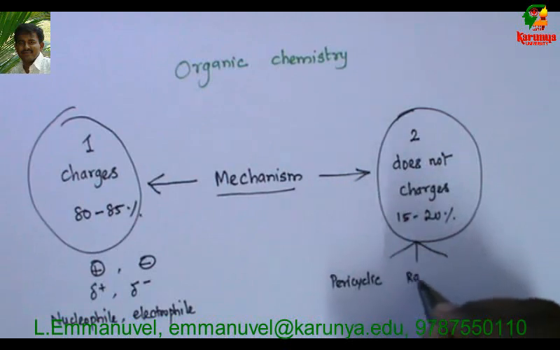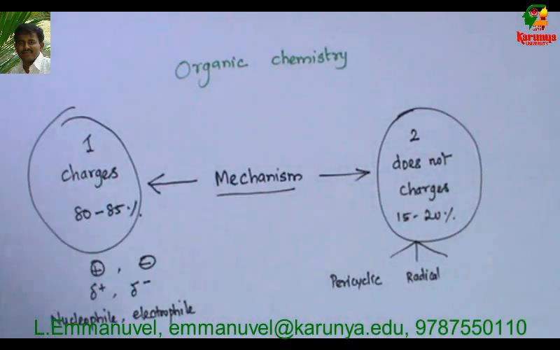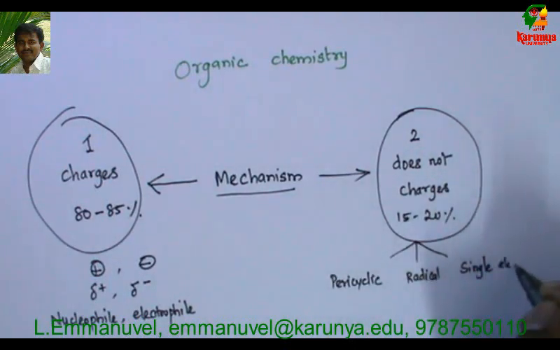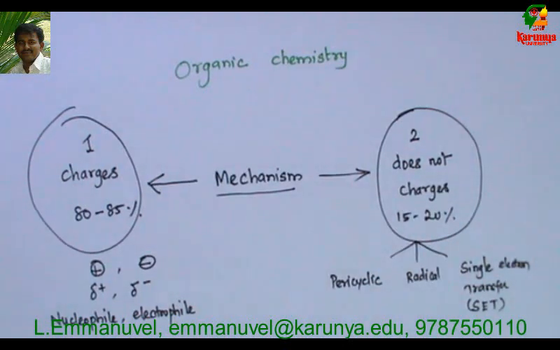Second one, radical reaction. Radical formation and its addition to a double bond or with some other reagent. Third one, single electron transfer mechanism. So they call it the SET mechanism.